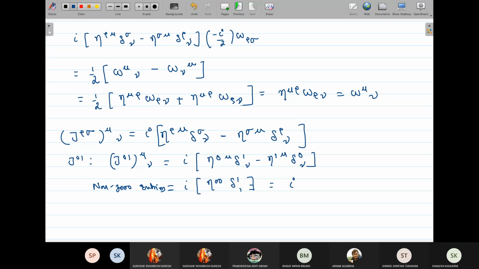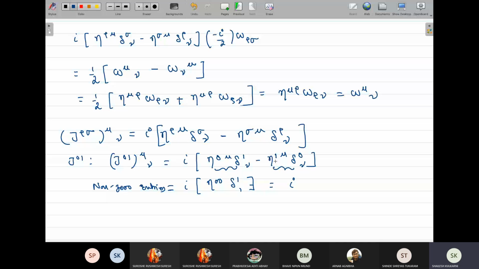Okay, is it clear? What else is non-zero? In this term we got a non-zero contribution, but I may get a non-zero contribution from this term also if I take mu nu properly. So what should be mu nu?